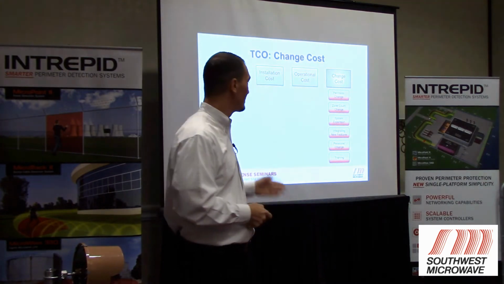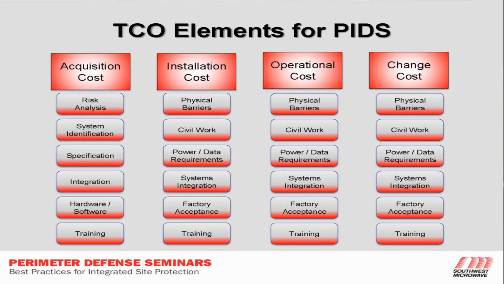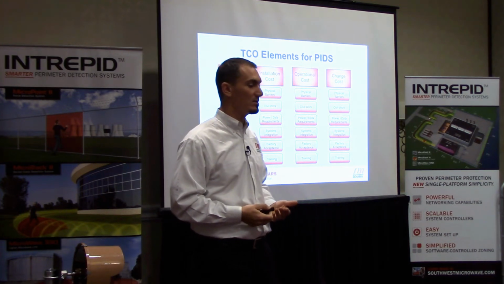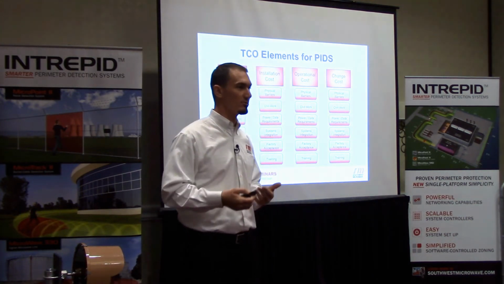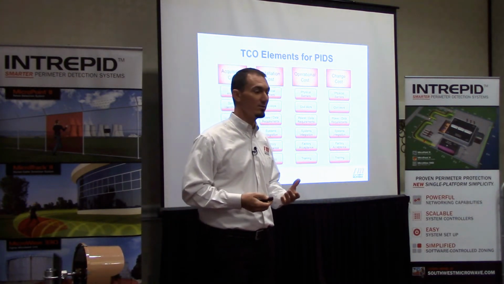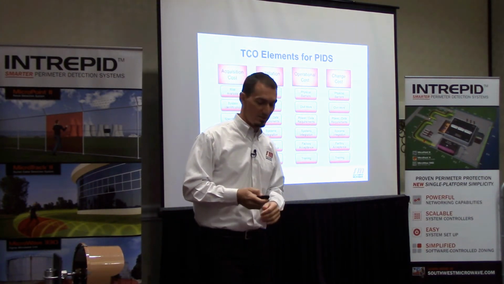So we like to think of these 4 items as the primary thoughts when you're looking at either upgrading your perimeter system or implementing a perimeter system. And when we look at the total cost of ownership for MicroPoint, MicroTrack, and microwaves in particular, we use this as a value proposition.